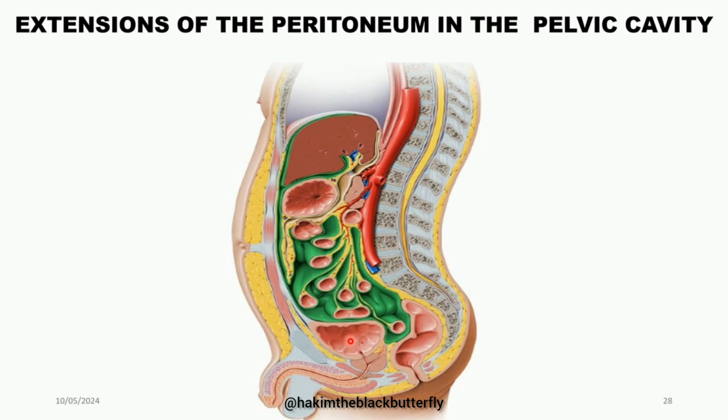So it's a subperitoneal structure or organ. These coils are intraperitoneal. These are retroperitoneal: the blood vessels, the pancreas, the duodenum. But these below the peritoneum are subperitoneal. Agnes, is that clear? Yes, sir. Thank you. Does the peritoneum also extend into the pelvic cavity? Yes, it extends.